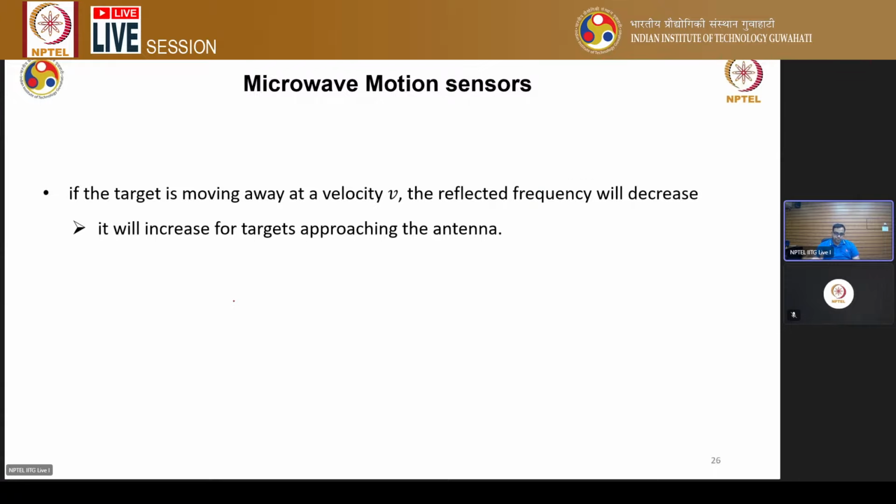If the target is moving away at a certain velocity v, the reflected frequency will decrease, and it will increase for a target approaching the antenna.